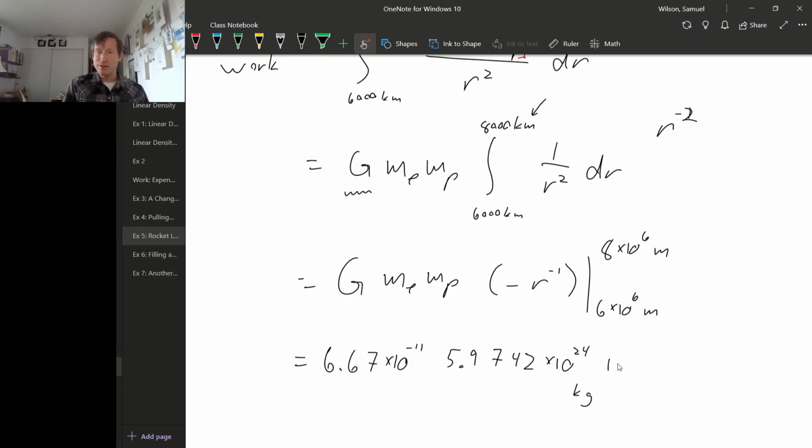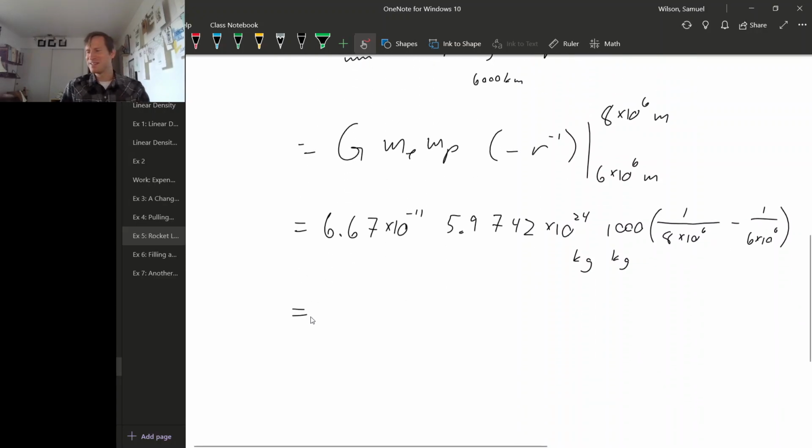The mass of our payload is 1,000 kilograms. And now we need to multiply all this by 1 over 8 times 10 to the 6th minus 1 over 6 times 10 to the 6th.